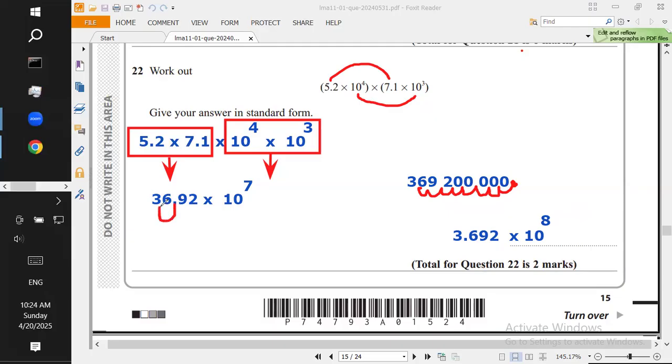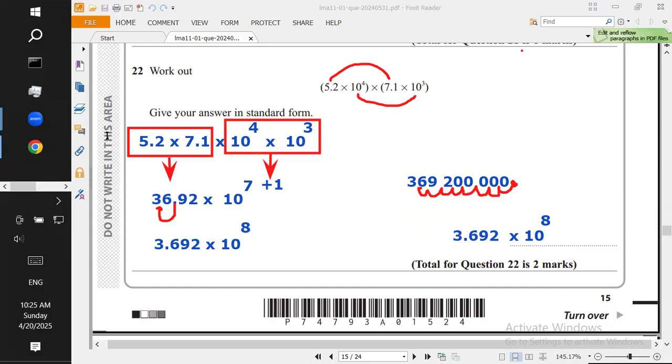I'm going to move it here one time, because I want the number to be between 1 and 10. And this movement will add 1 to the power, because I made the number smaller, so I have to add to the power: 7 plus 1. So the new number will be 3.692 multiplied by 10, and the new power is 8.